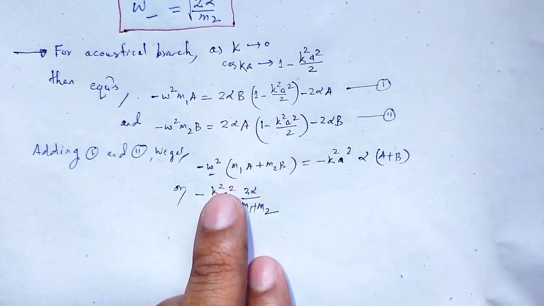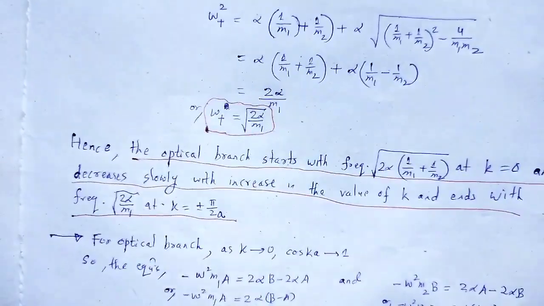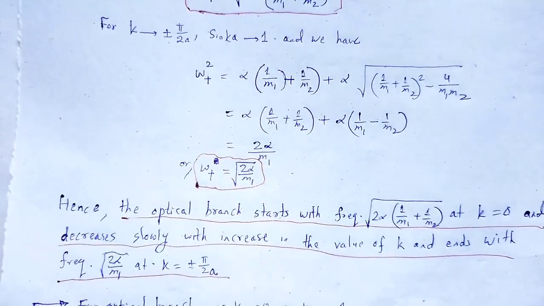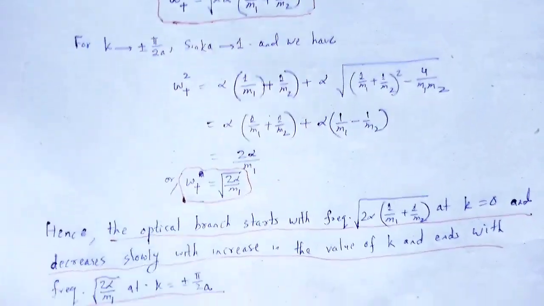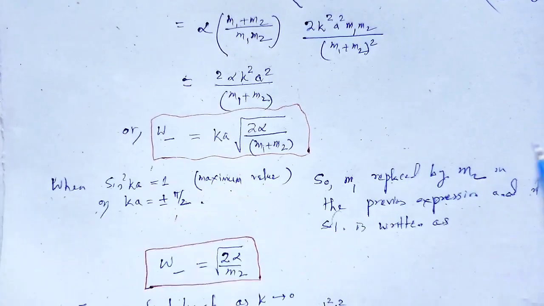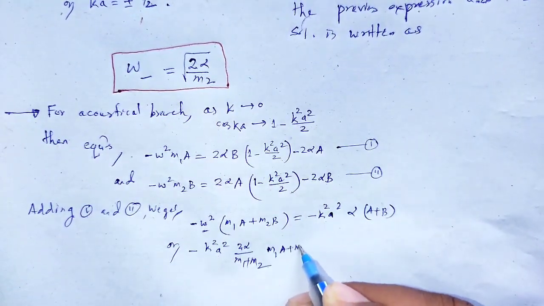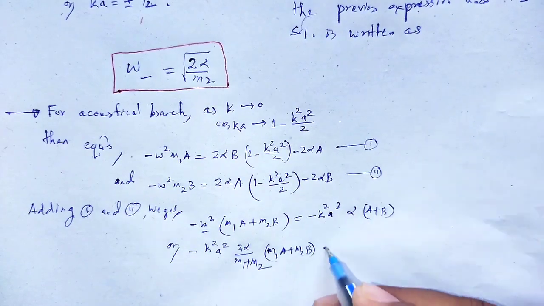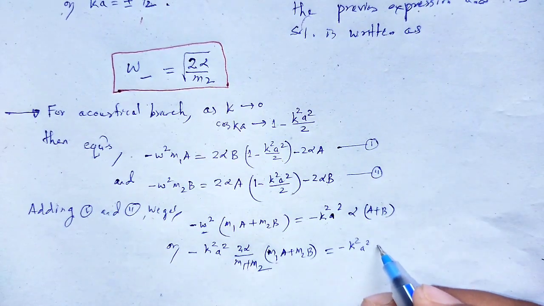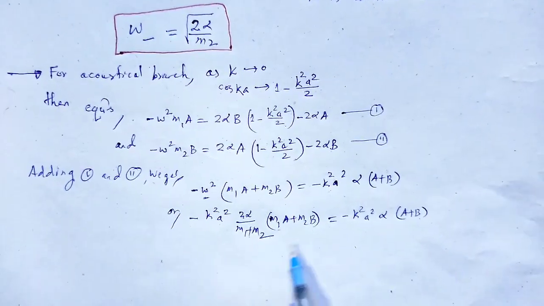We chose the value of omega from this. So, m1a plus m2b is equal to minus k²a²α(a plus b).